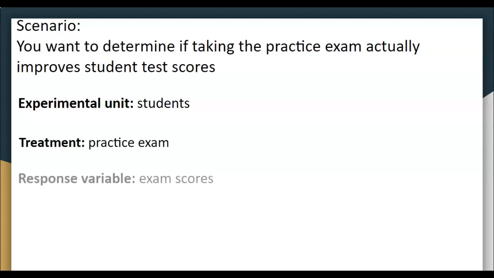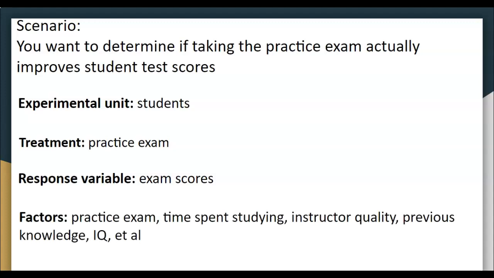And then the response variable in this case would be those test scores. And then the factors, of course, the practice exam should be a factor also because we think it will affect their test score. But then there is also the amount of time they spent studying, instructor quality, previous knowledge, IQ, etc.